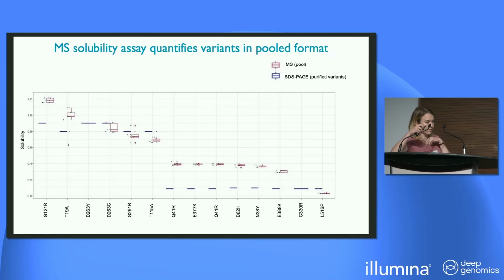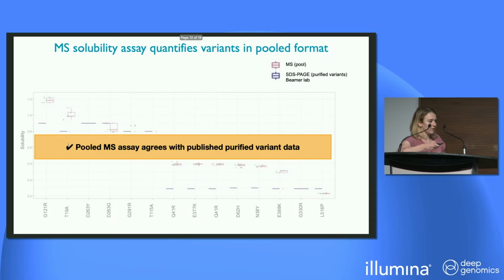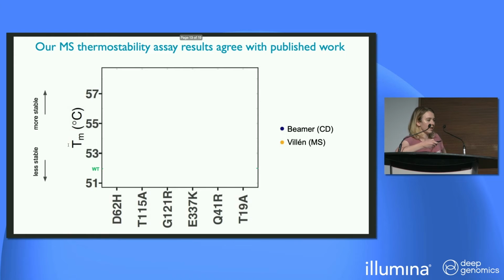The data presented with the purified variants by SDS-PAGE is kind of bimodal. Either they're really soluble or quite insoluble. And what's nice is with mass spec, we have a little bit better resolution, so we can see a better range of solubilities, but we can also resolve the highly insoluble variants from the quite soluble ones, which was really exciting for us to see that agreement.